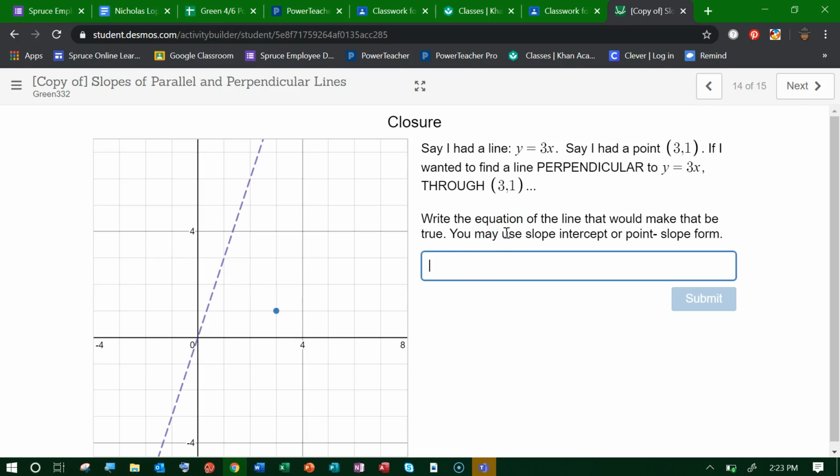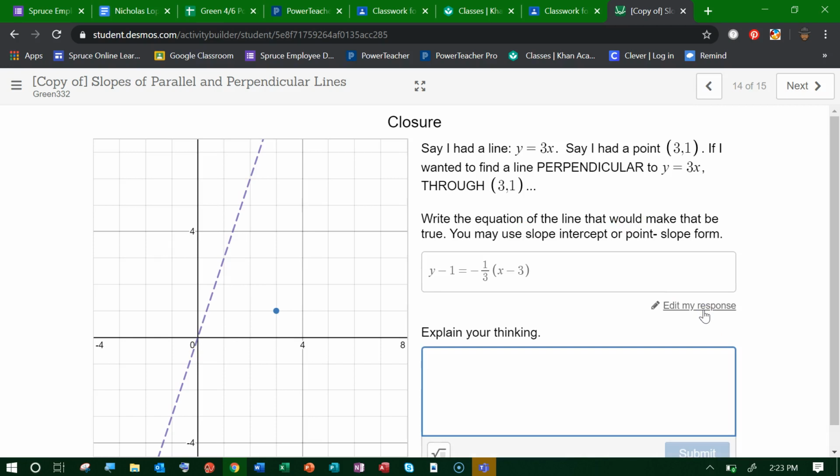So it's going to be y minus, they already gave me the y value, 1. I needed it to go through this point (3, 1). Equals, I already said we needed the slope to be -1/3, and x minus 3. So if I submit that, that's the answer.